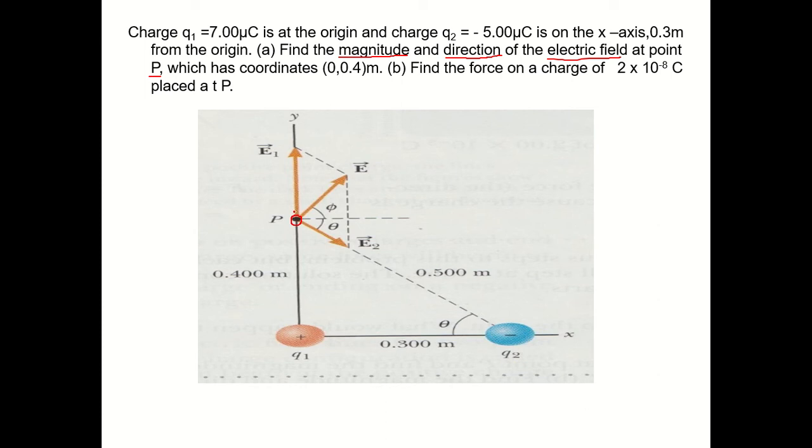So here are the givens. From Q1 to P, this is 0.400 meters. The distance from Q1 to Q2 is 0.300 meters, and from P to Q2 is 0.500 meters.